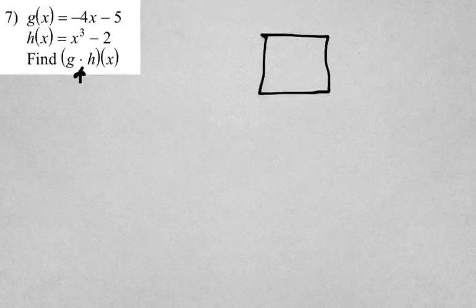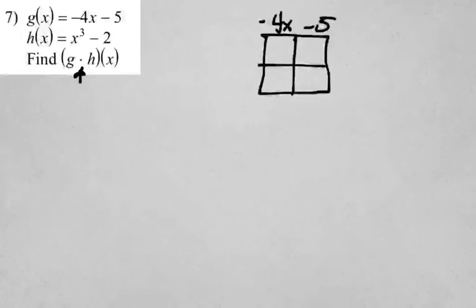This one, the operation is multiplication. And so when we're multiplying, you either have to use FOIL or you have to use the box. And if we are multiplying two things, that means we're going on the outside end of that box. So negative 4x minus 5, x cubed minus 2.